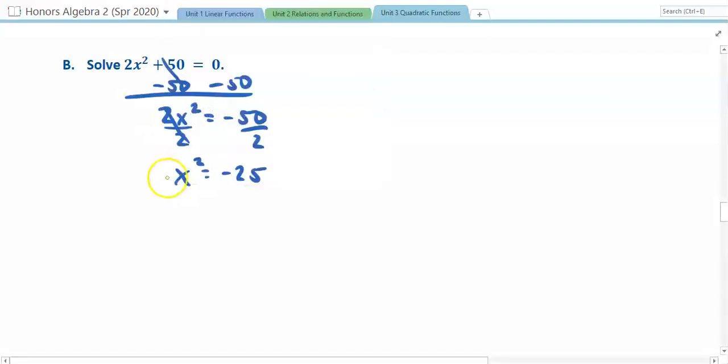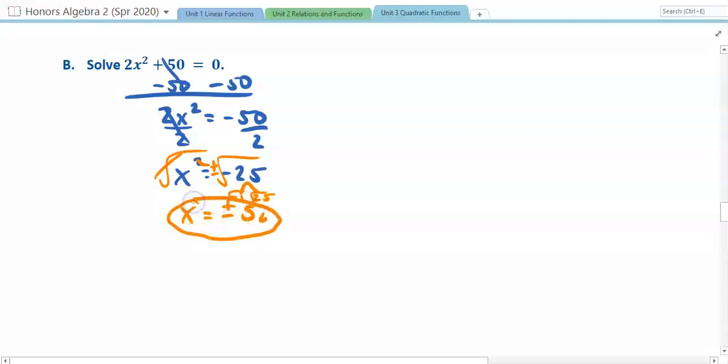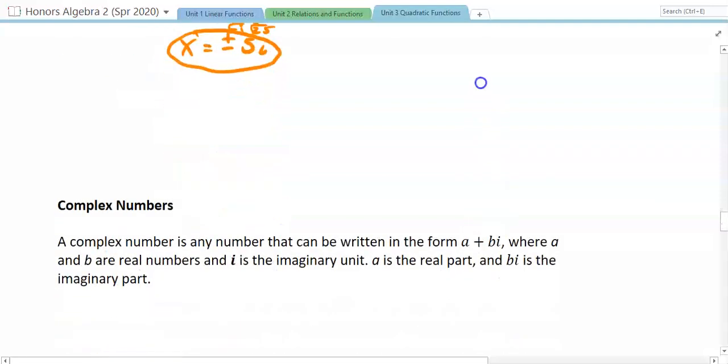Then when I take the square root of both sides, don't forget your plus or minus in front of the radical, because you need both the positive and the negative when you have something squared. That cancels, so x is equal to positive or negative 5i, because 25 breaks up into negative 1 and 25, right? The square root of 25 is 5, and the square root of negative 1 is i. So our final answer is positive or negative 5i. Again, we get 2 solutions here, okay?